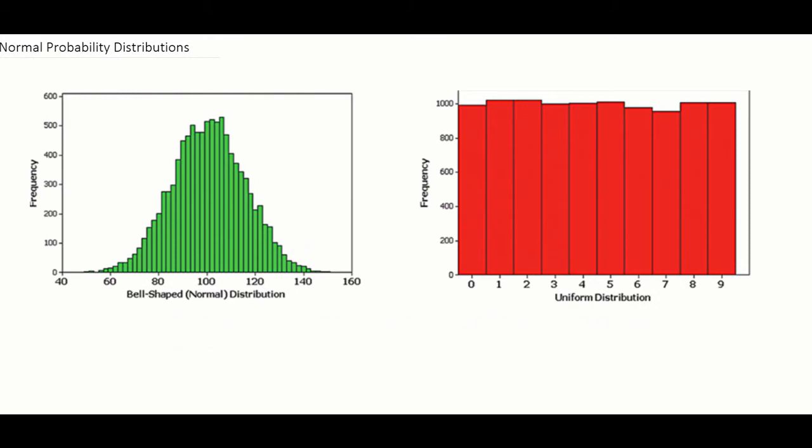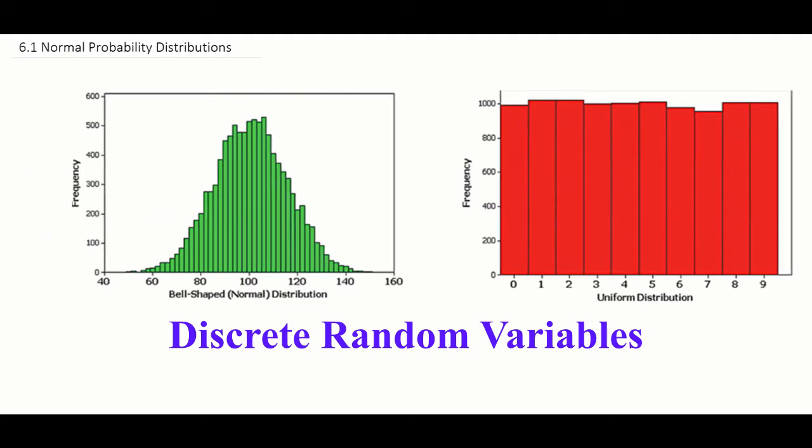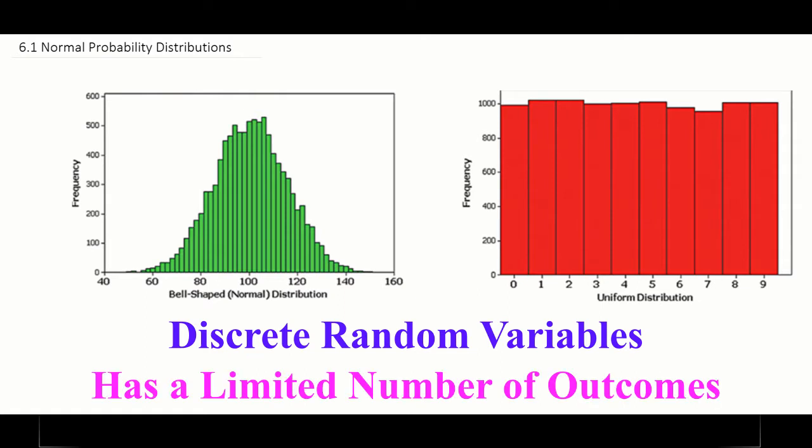These two graphs are from chapter 2, when we talked about frequency distributions. It's pretty obvious that both of these graphs are about discrete random variables because there are a limited number of random variable outcomes.